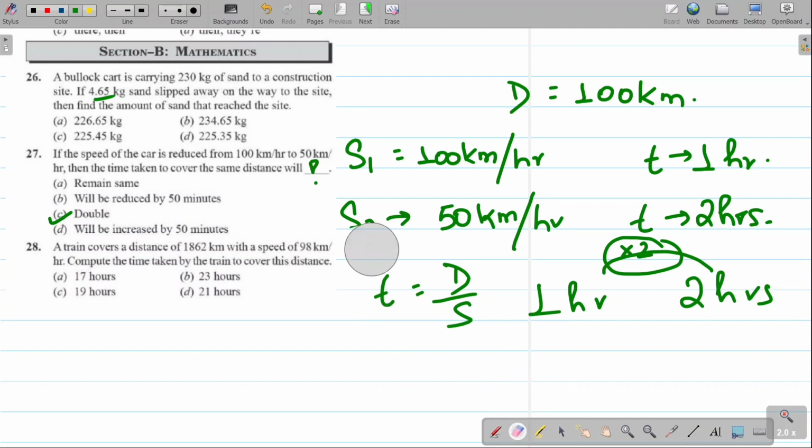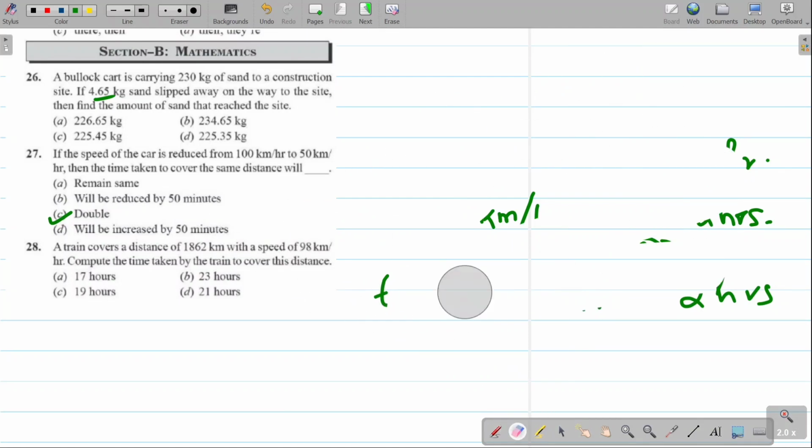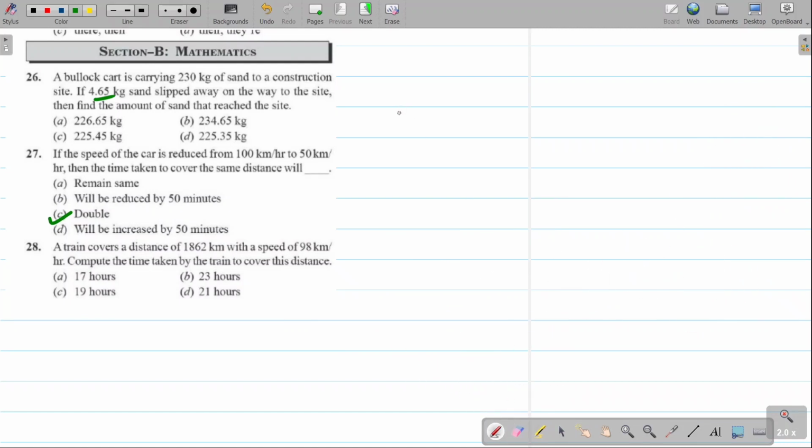Moving to the next question, it says a train covers a distance of 1862 km with a speed of 98 km per hour. Compute the time taken. Basic question, we have to find the time here, and we know time is distance by speed.